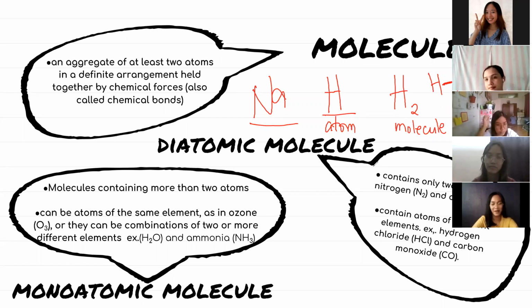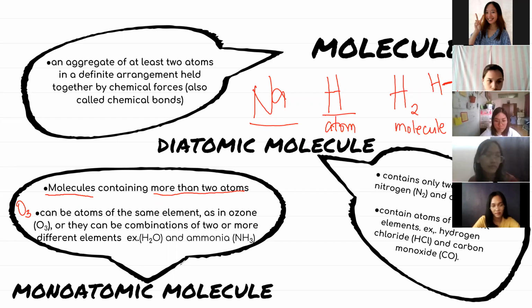When you say polyatomic molecule, these are molecules containing more than two atoms. Again, more than two atoms. They can be atoms of the same element, as in ozone, O3. When you have O3, we call that ozone.